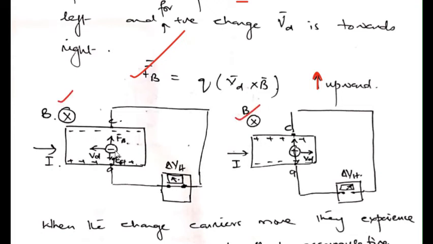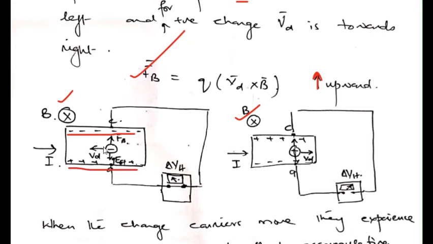And for this case, we have negative charge carriers. When we have negative charge carriers and the current is moving in the x direction and the field is going into the plane, these negative charge carriers will start accumulating at the top of the conductor, leaving behind all the positive charges at the bottom.